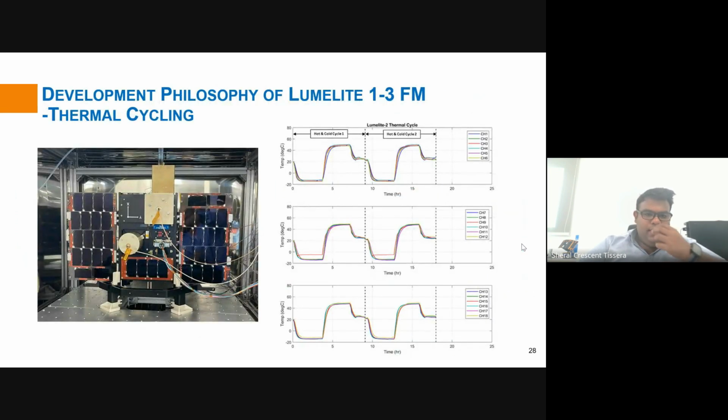These are some of the pictures of the flight model during various kinds of acceptance testing. So we have thermal cycling, where we do cycling for two cycles, where we are changing the temperature from about -20 to about 50 degrees.